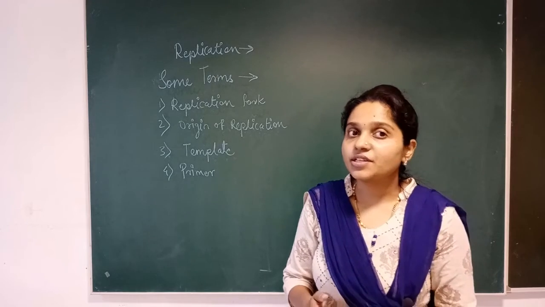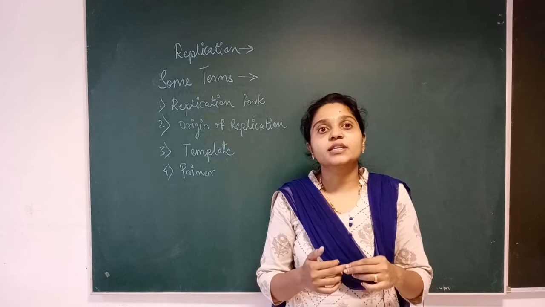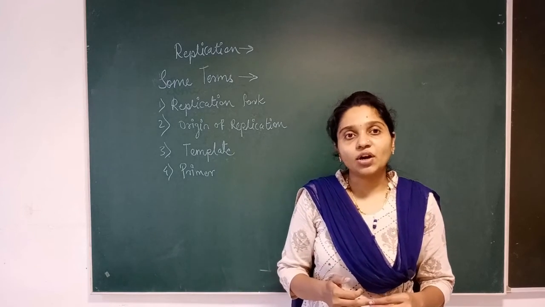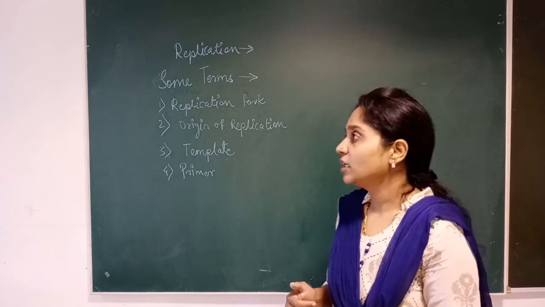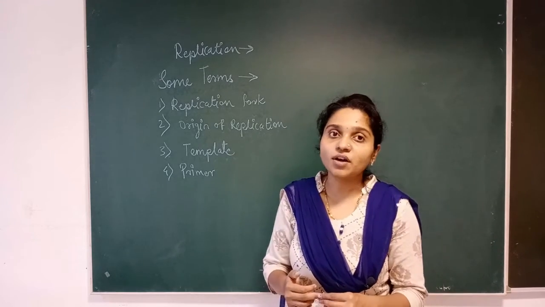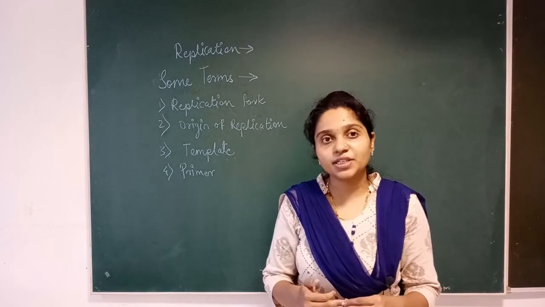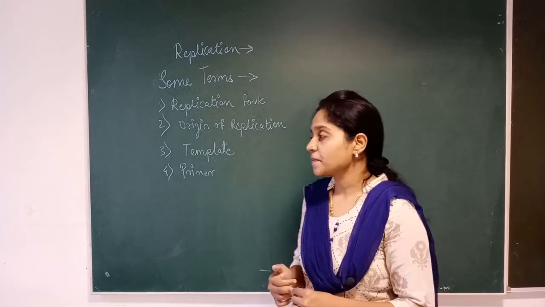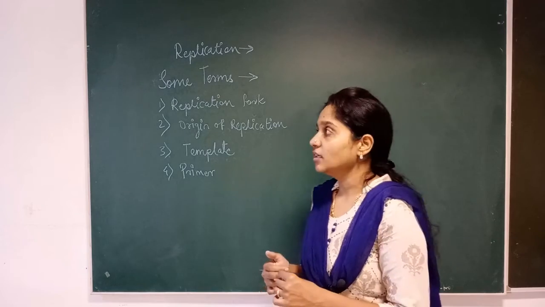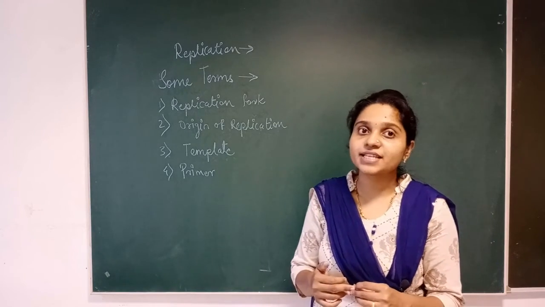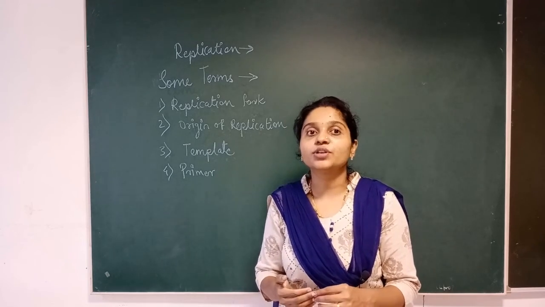After initiation of replication, the elongation procedure is carried out. During elongation, nucleotides are added in the synthesis of DNA. Then in termination, what is happening? The primer is removed and the newly formed DNA strand synthesis is ready for the next molecule to be synthesized.